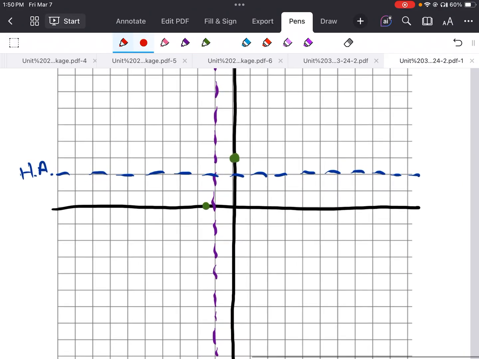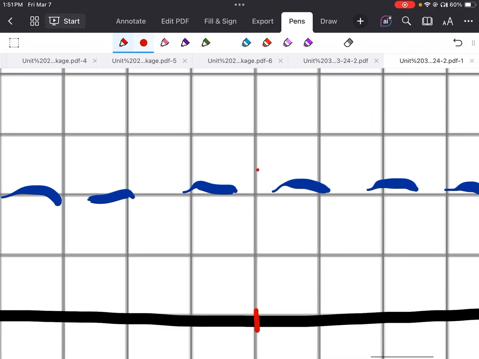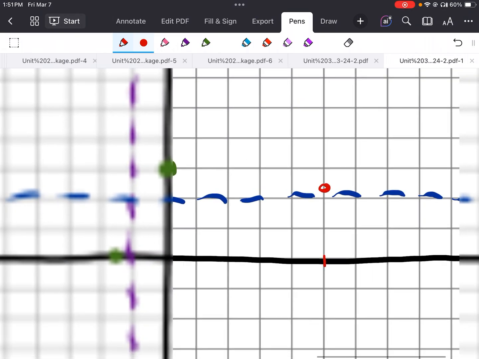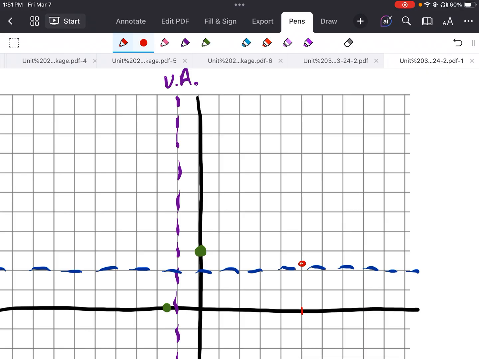So if we go over to 5, here's 5 here, just over 2. We're going to make it a little clearer. We're going to have a hole. Okay, from there, what we see to the right of the vertical asymptote, our equation is going to be in the top right.